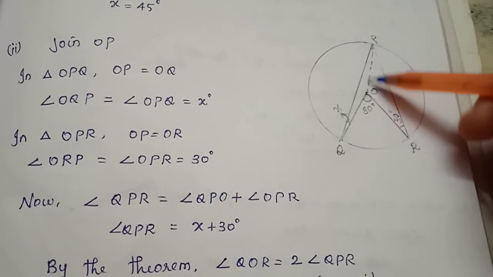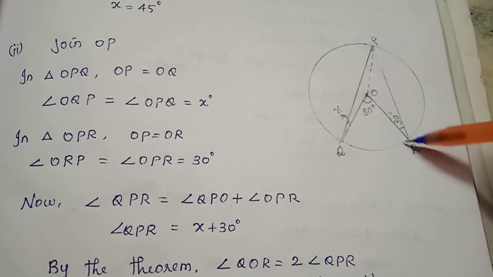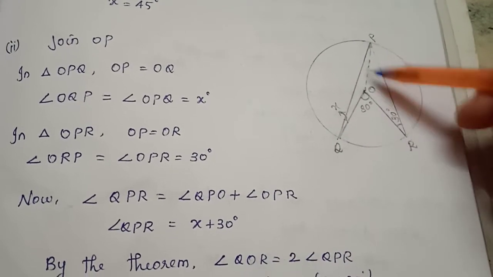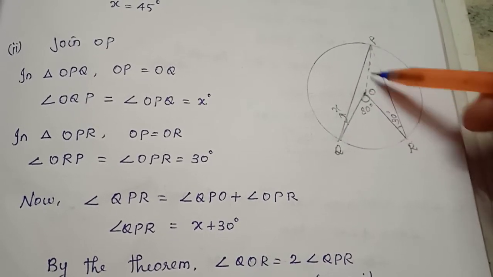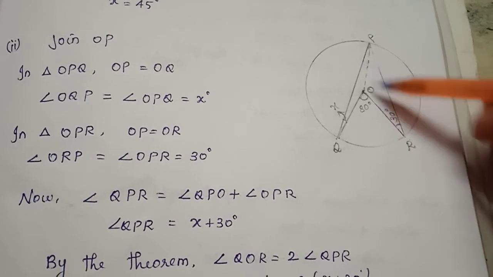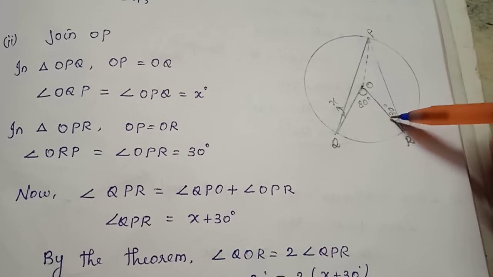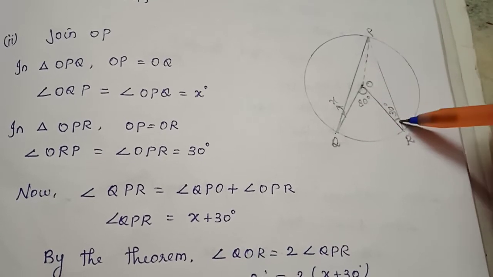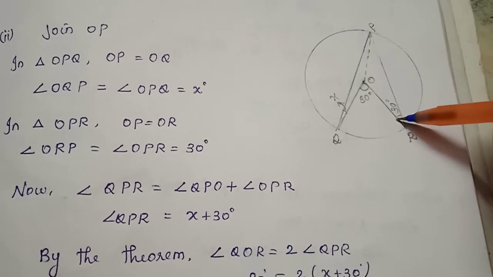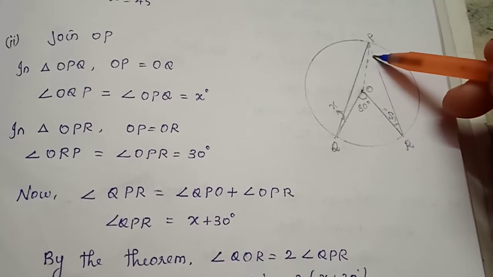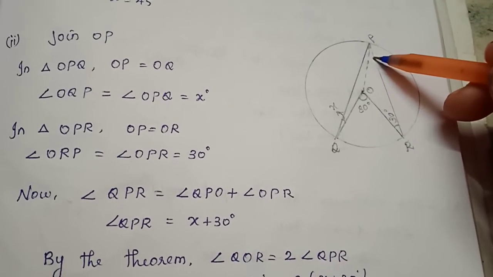In this triangle also, this is one of my radii and this is also one of my radii. So in this triangle both sides are equal, so we can say that it is an isosceles triangle. Since it is an isosceles triangle, the angles opposite to equal sides also will be equal. So if it is 30 degrees, then this also will be equal to 30 degrees.